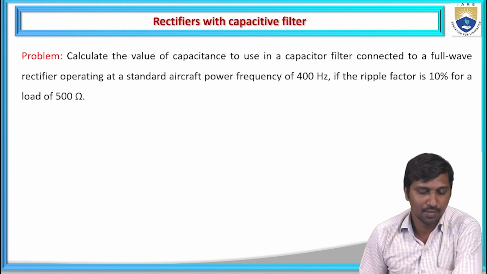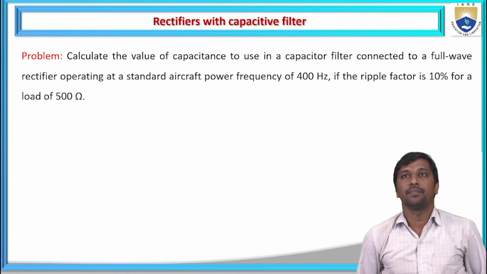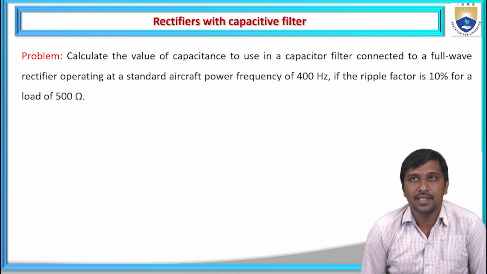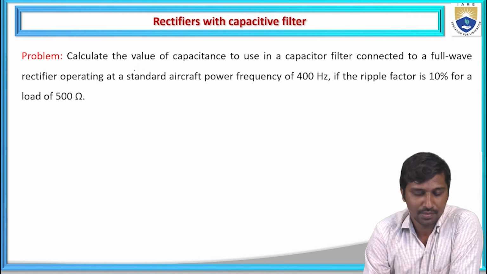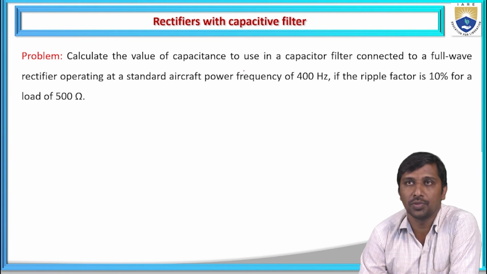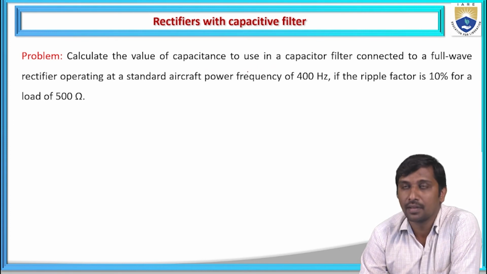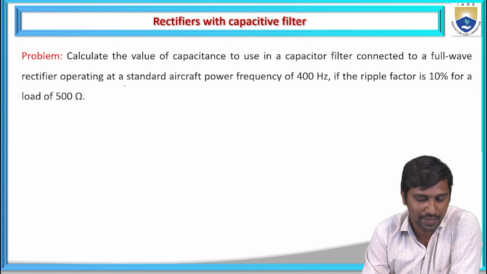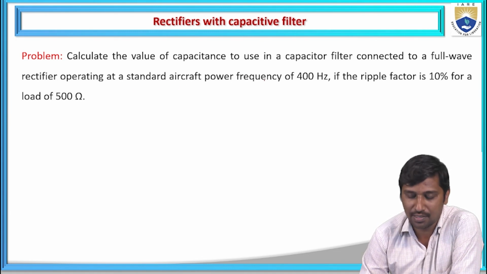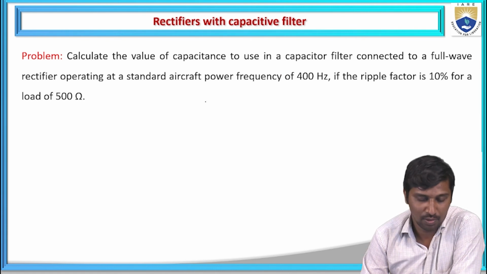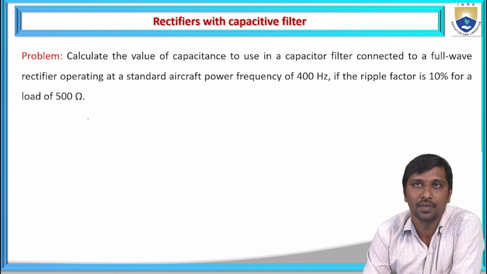Now we'll see some problems on rectifiers with a capacitive filter. First, calculate the value of capacitance to use in a capacitor filter connected to a full wave rectifier operating at a standard aircraft power frequency of 400 Hz, if the ripple factor is 10% for a load of 500 ohms.